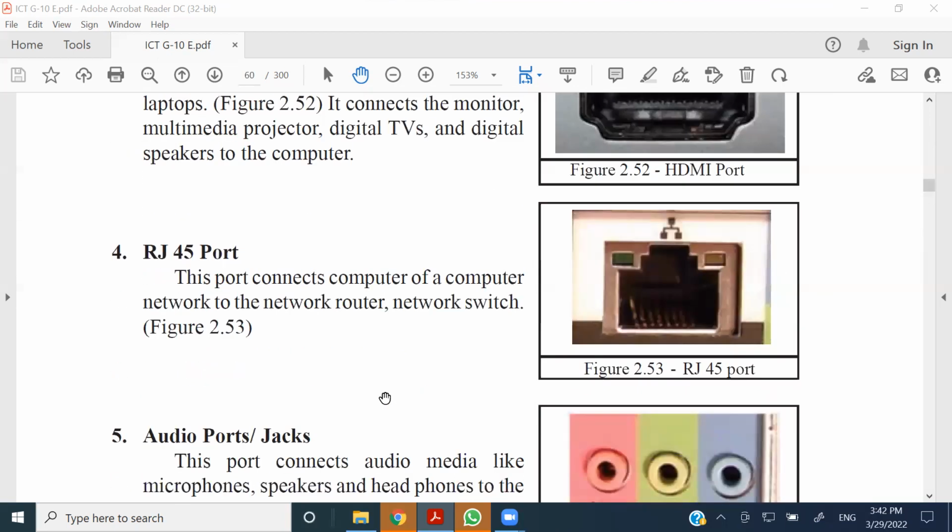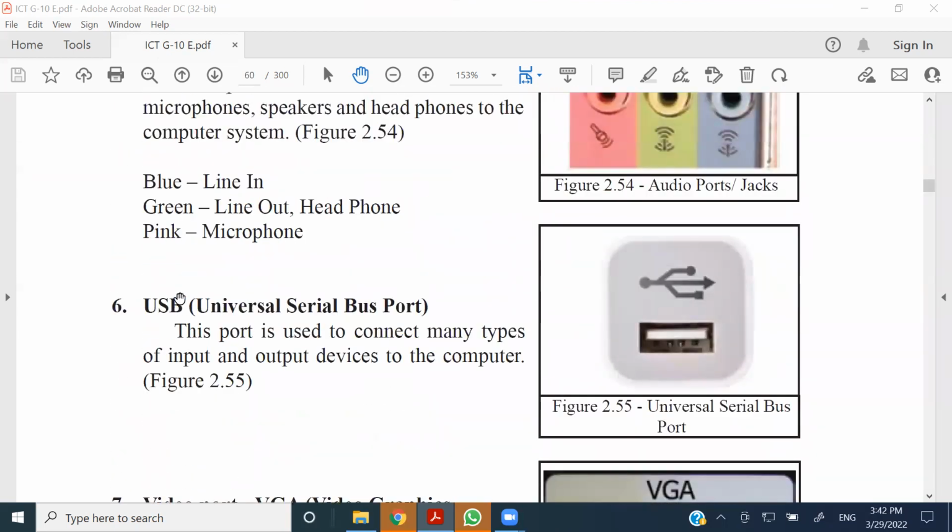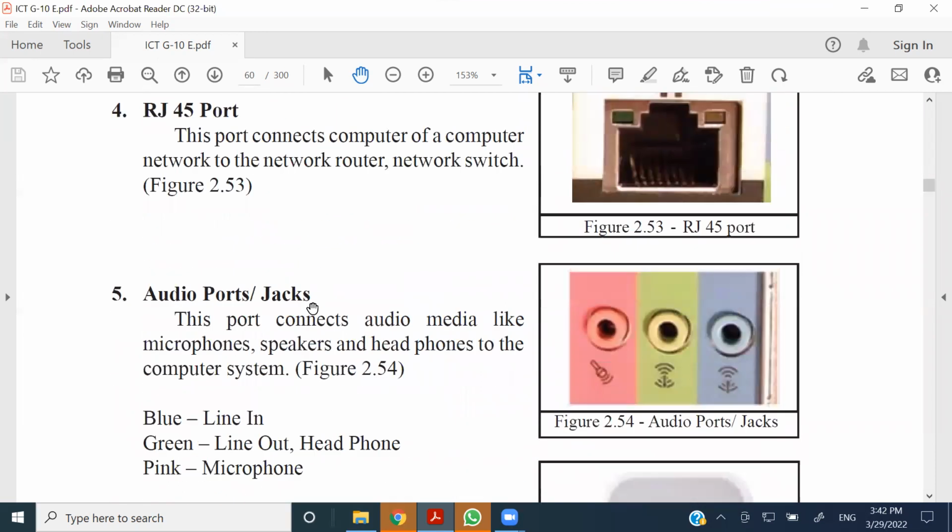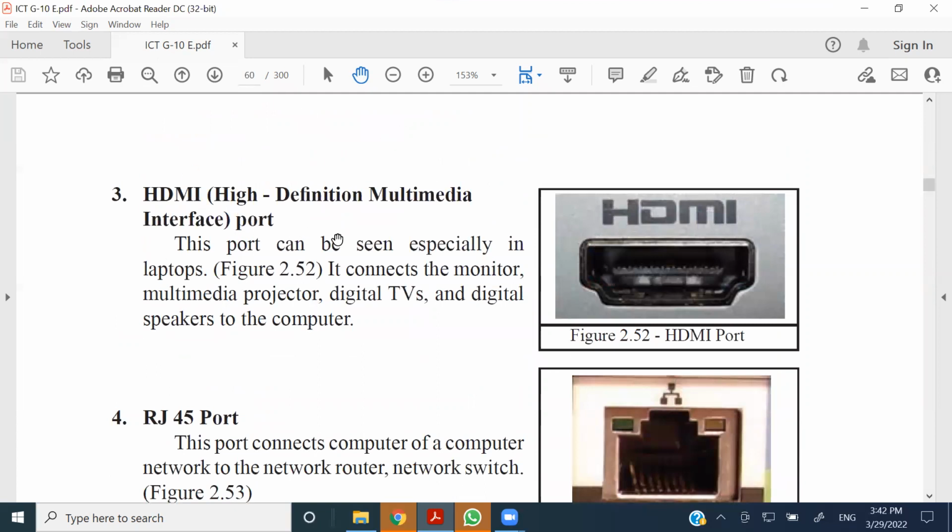You are going to find it as number 6 over here. It is called universal because it has the ability of connecting a lot of devices to the computer, right?